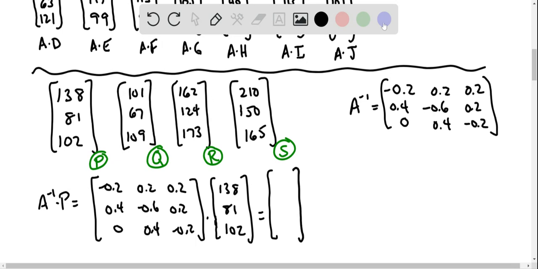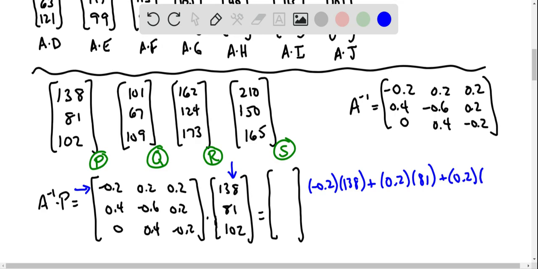Matrix multiplication. I'm going to take the first row times the first column. So that first entry will be negative 0.2 times 138 plus the second element in each row and column, which is 0.2 times 81, and the third element, 0.2 times 102. Multiplying all of that out gives me a value of 9.